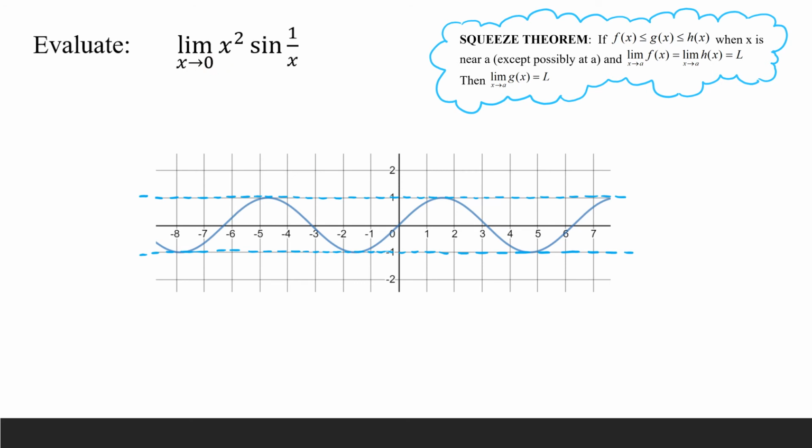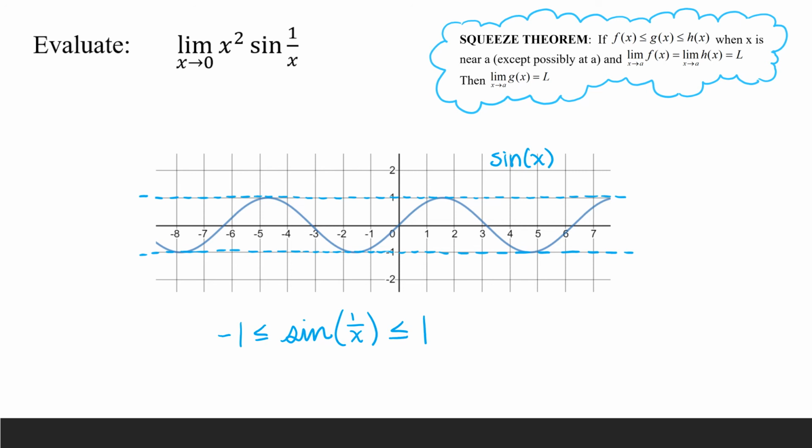What you see here is the graph of the function sine of x. And what you should notice is that the outputs for sine of x are stuck between -1 and 1. So no matter what we put inside of a sine function, the outputs are trapped between -1 and 1. So that means that in addition to sine of x being trapped between -1 and 1, sine of 1 over x is also trapped between -1 and 1.